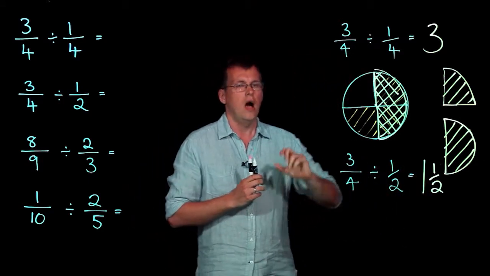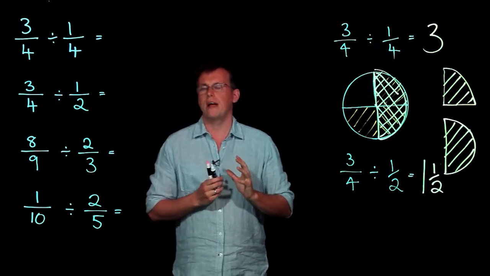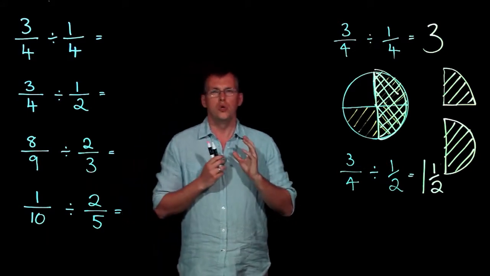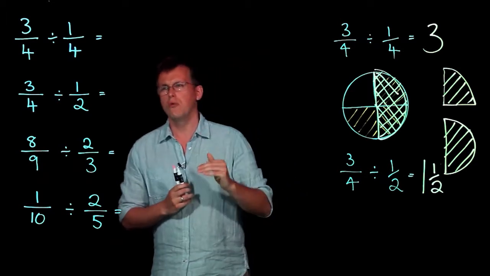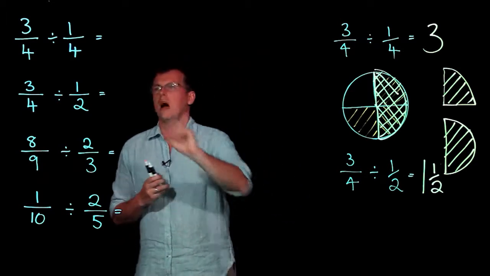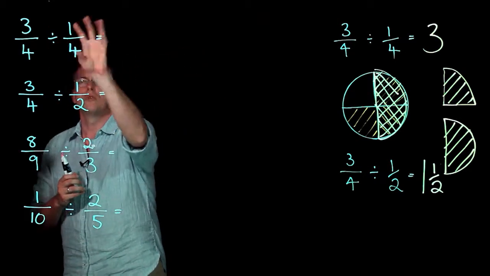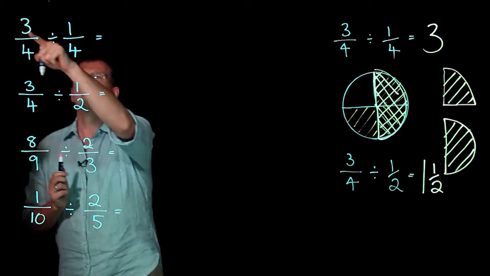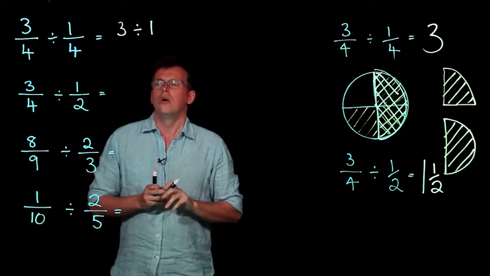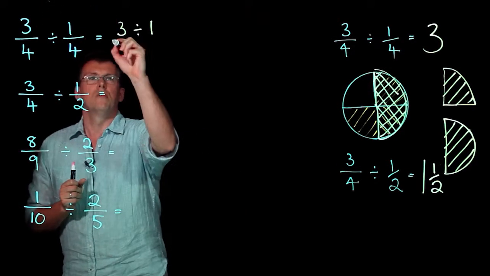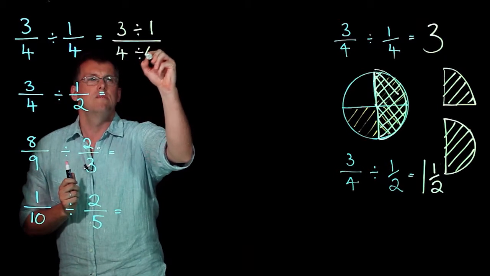I want to have a look at it in a slightly different way now, another method to divide with fractions, which is similar to the method we use for multiplying with fractions, by looking at the numbers on the numerator and the denominator. Looking at this problem again, if I'm dividing 3/4 by a quarter, I just do what is on the numerator, 3 divided by 1, over what is on the denominator, 4 divided by 4.